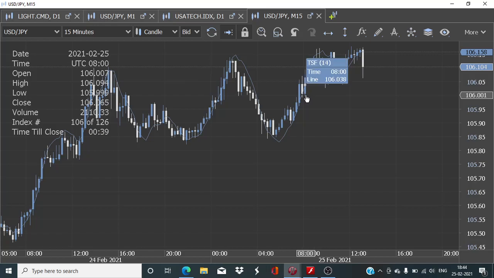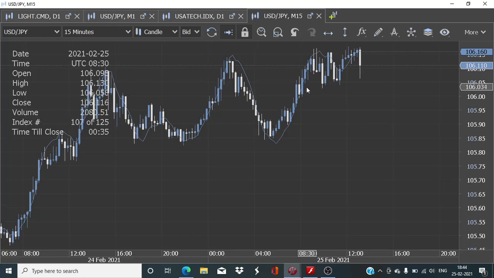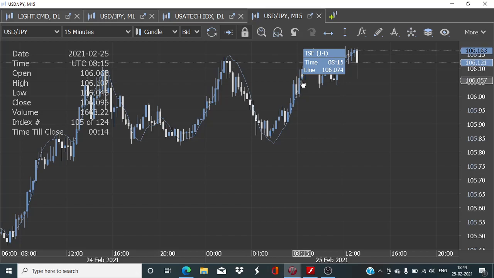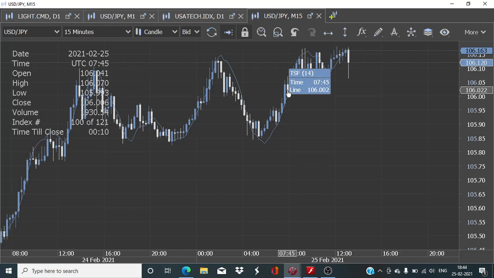So whenever the formation is that the last candle has closed with gains, closing above the TSF, but the prior candle had closed in red with the closing value being below the time series forecast value, only then, if there is good enough momentum and a reversal in price action, we will initiate new trades. For that we will use this setup.